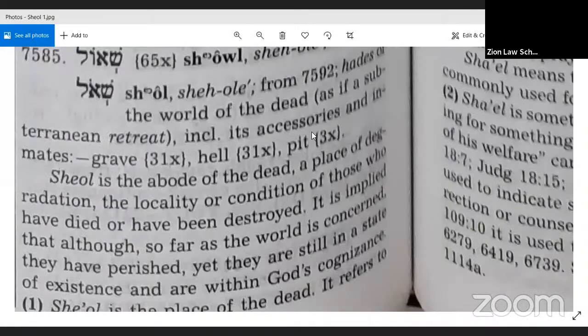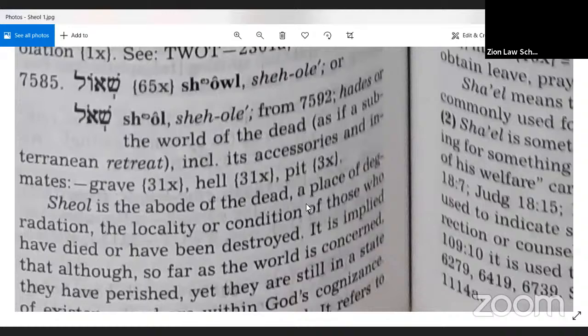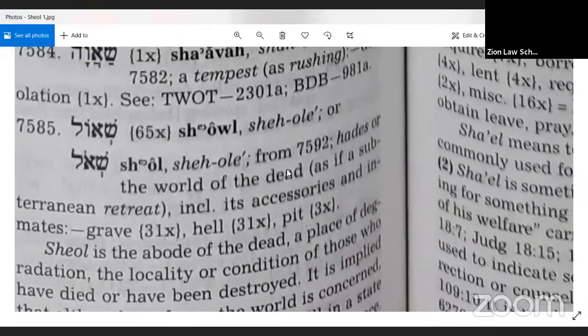So now let's apply that definition. It says here, Hades, or the world of the dead, as a subterranean retreat. Oh, wait, I'm confused. We were on 7585? No, we're on 7592.